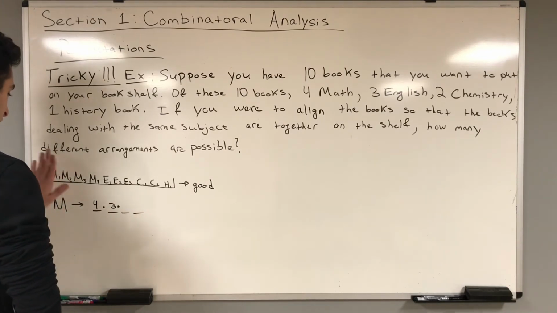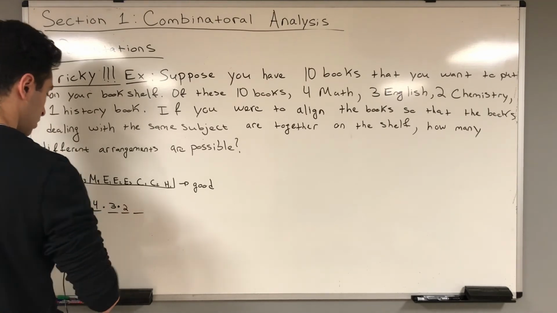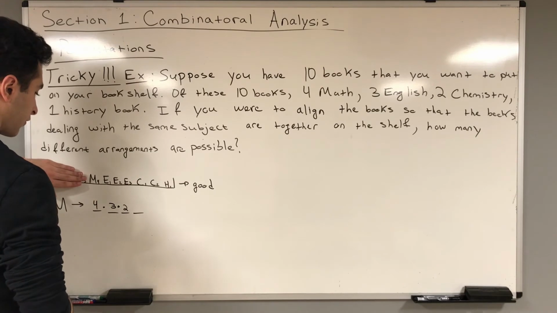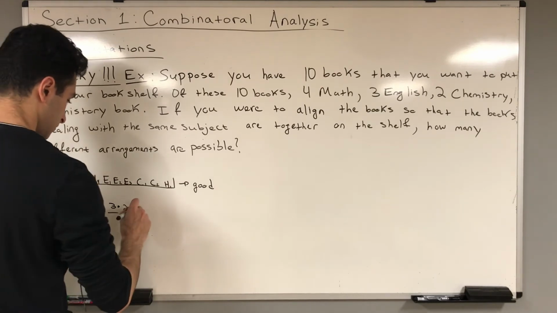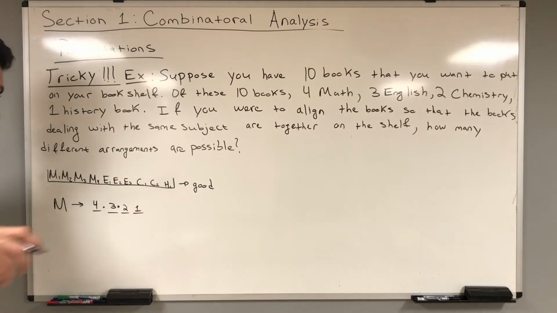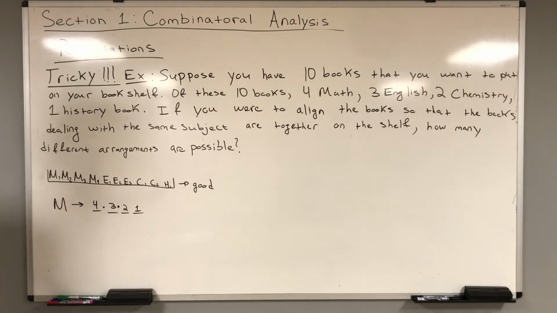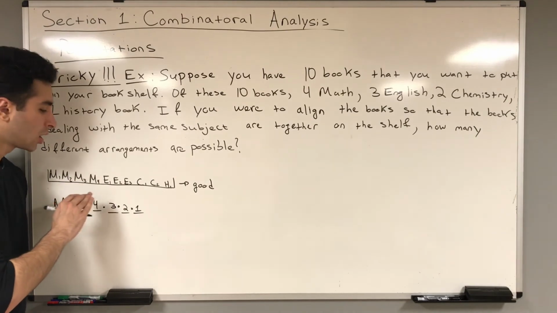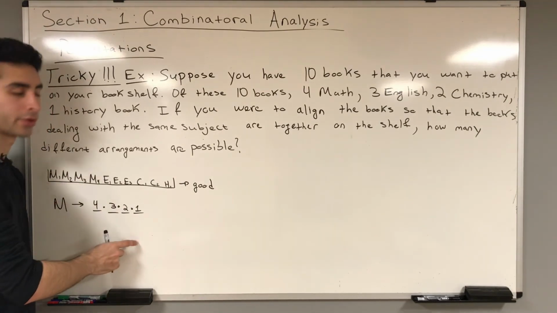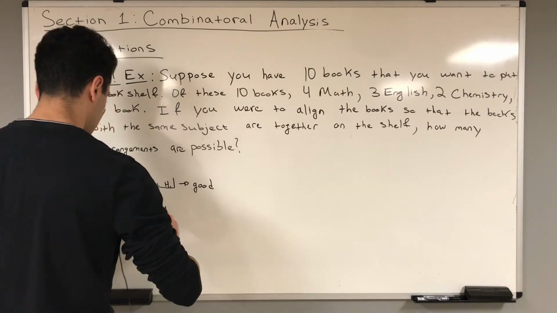Once I've chosen 2 math books, I only have 2 left for my third place. And then once I've chosen all 3, I have 1 math book left in the last place. So I have 4 times 3 times 2 times 1 different ways to rearrange just the math books. Oh, but this is 4 factorial. I hope you saw that before I continue.